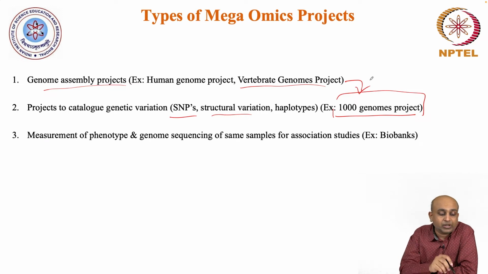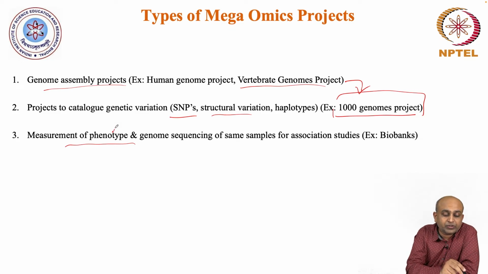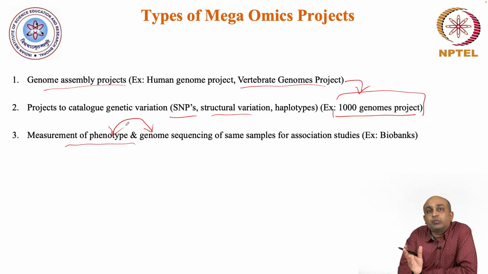Then you can also have projects where you are measuring phenotypes and also doing genome sequencing. These kind of projects are quite good when you want to do association between the phenotype and the genome. So you want to see, okay, there is a change in the phenotype, then what is the corresponding change in the genome? One example of this would be biobanks, where people are measuring various health parameters of individuals, and also the genomes of all these individuals are being sequenced.